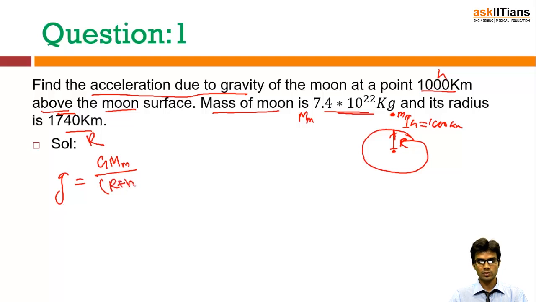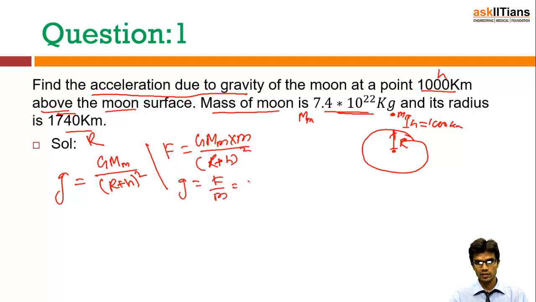It can also be written as F is equal to G M moon m by R plus h whole square. Now g is equal to F by m. So we can write, this will give G M moon by R plus h whole square. Okay, both are the same. Now we can put the values, this is method 1. This is method 2.